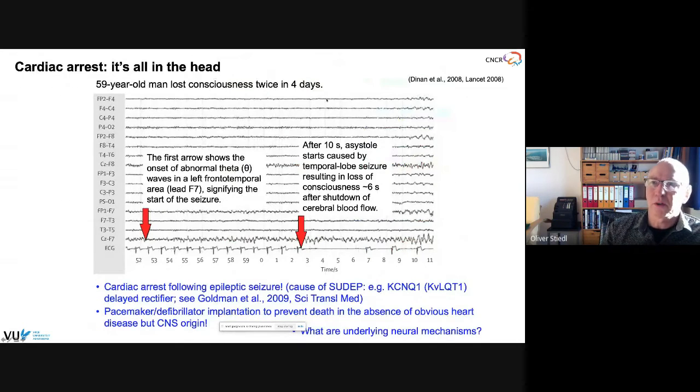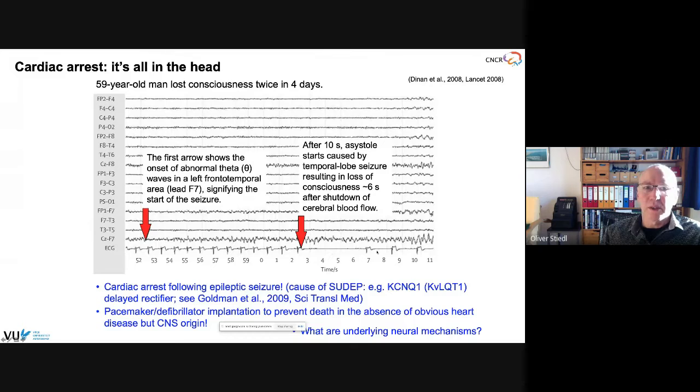But I want to draw your attention to this nice paper from 2008, where people measured on the top the recordings of the EEG, and they also looked at certain discharges, and they looked at the ECG pattern in synchrony.